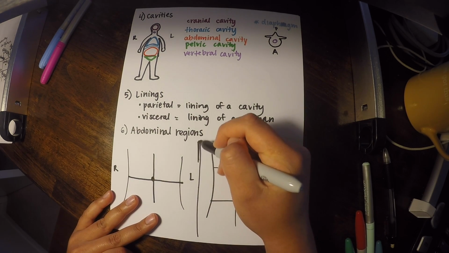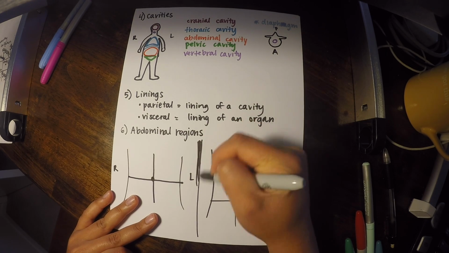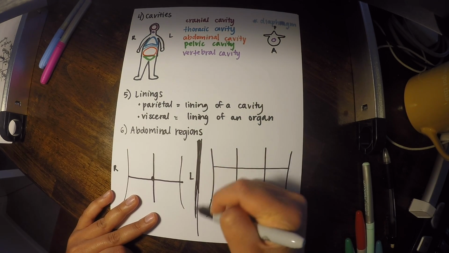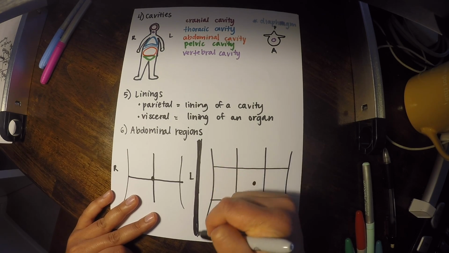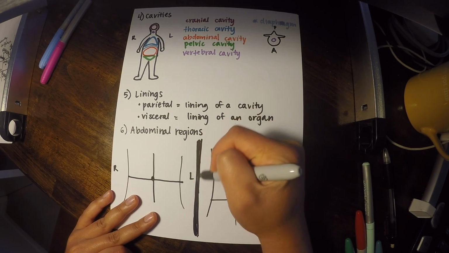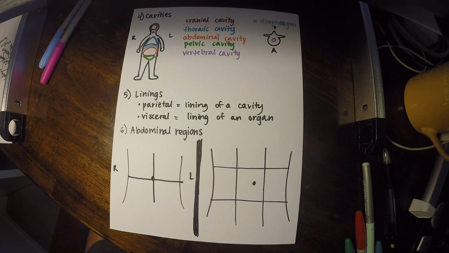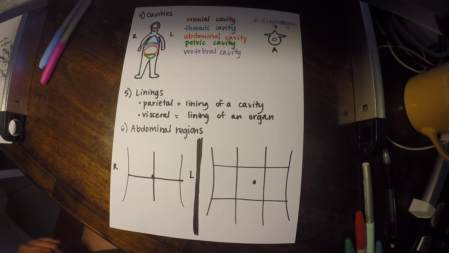I'm just going to make this line nice and thick so we know that we're separating between these two different views of anatomical regions. Alrighty. So let's talk about this first one first. With this first one, we're splitting it up into 4 different pieces of someone's abdominal region.